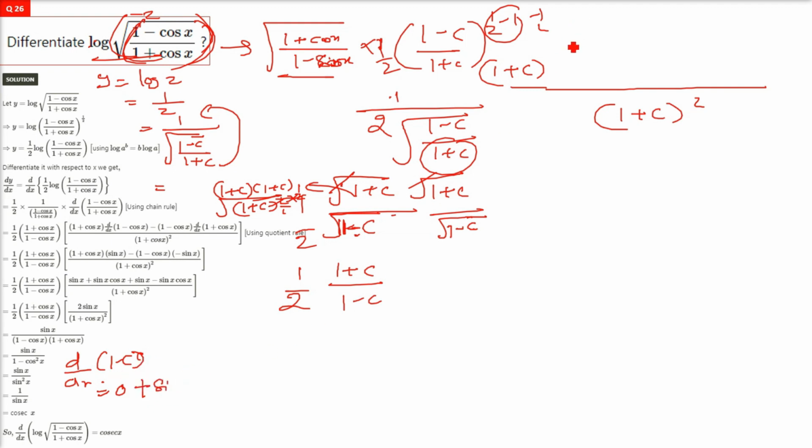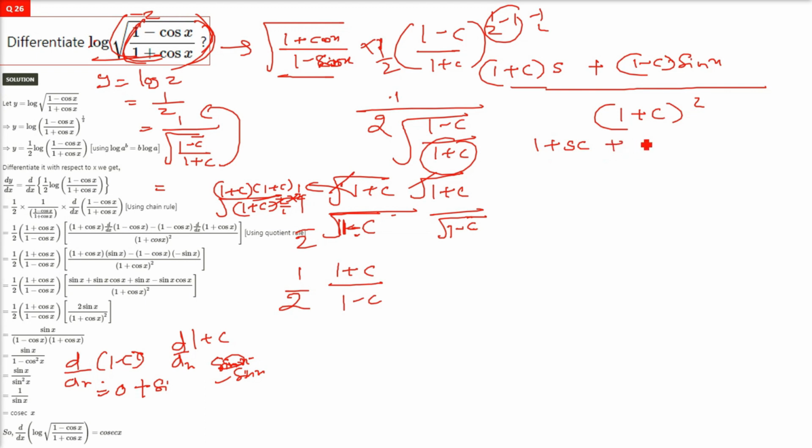So let me write sin theta. I am taking the short form. 1 minus cos, and then we have 1 plus cos. Differentiation of 1 plus cos is what? Cos theta is minus sin theta again. So minus gets plus here, and then we have again a sin theta. Now just open this, or you can take sin theta common, 1 plus cos and 1 minus cos.